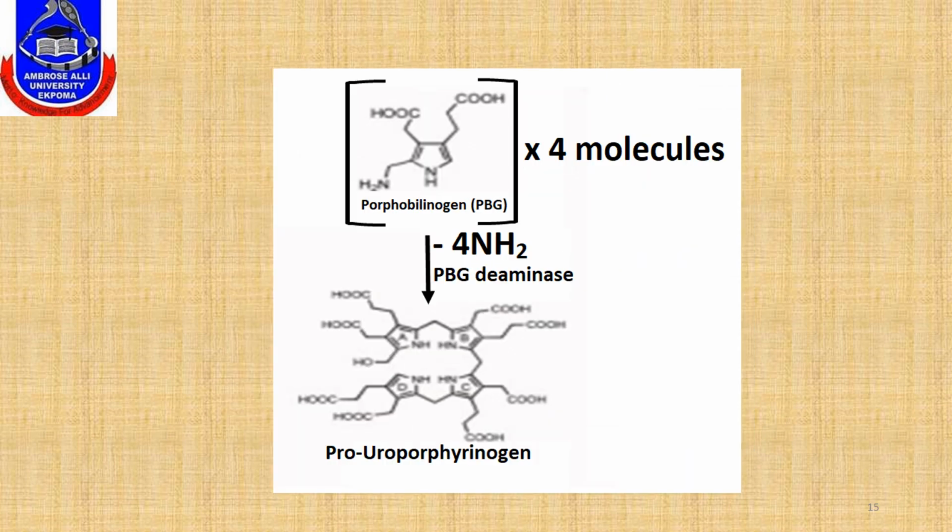Now, 4 molecules of porphobilinogen, that's PBG, will condense with the aid of PBG deaminase to give pro-uroporphyrin, that is, with the removal of 4 molecules of amine group.